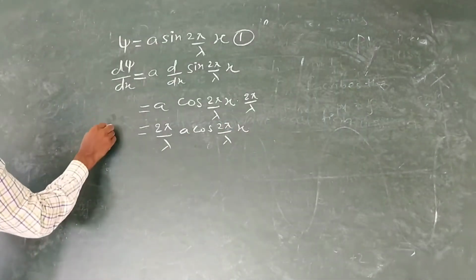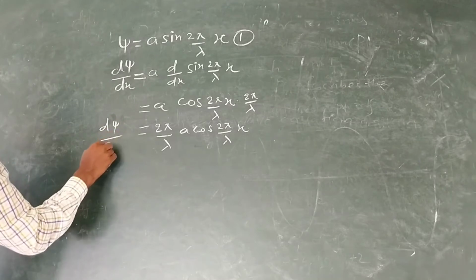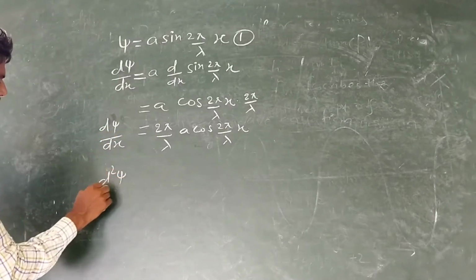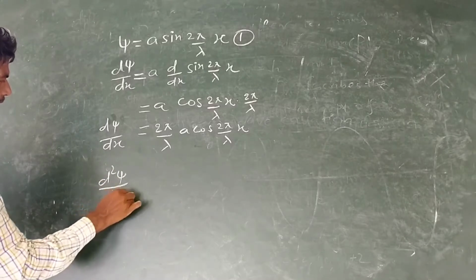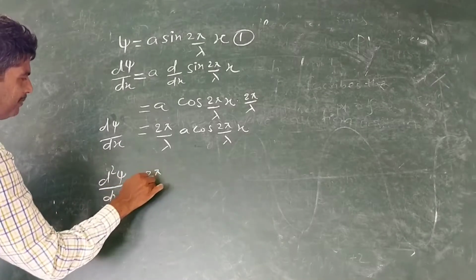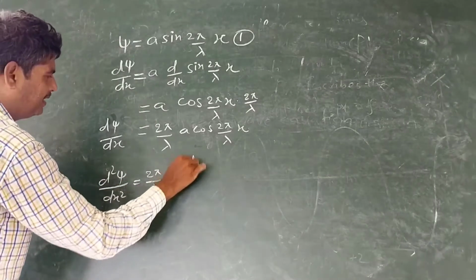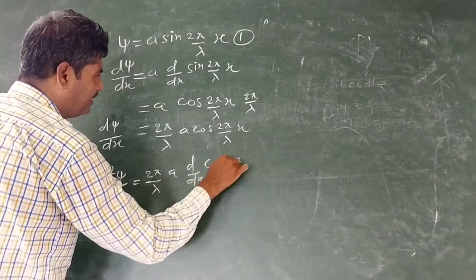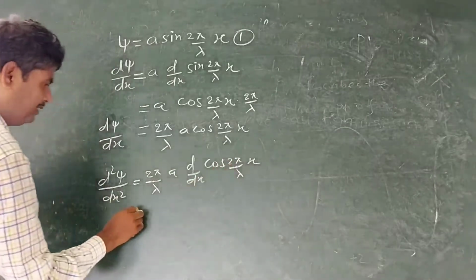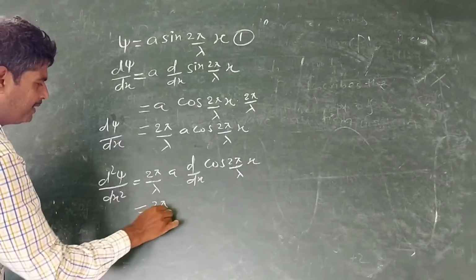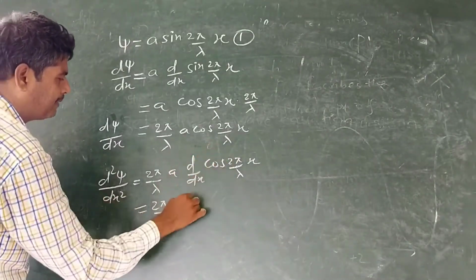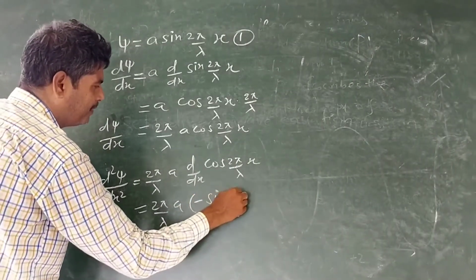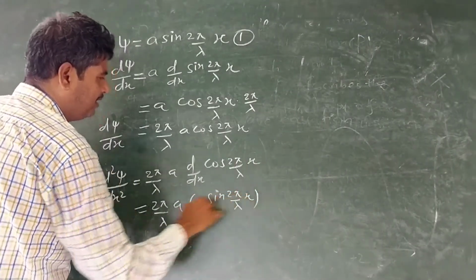Now differentiating again with respect to x, that is second differentiation. d2 psi upon dx square is equal to 2 pi by lambda a d by dx cos 2 pi by lambda into x. The differentiation of cos is minus sin 2 pi by lambda into x.